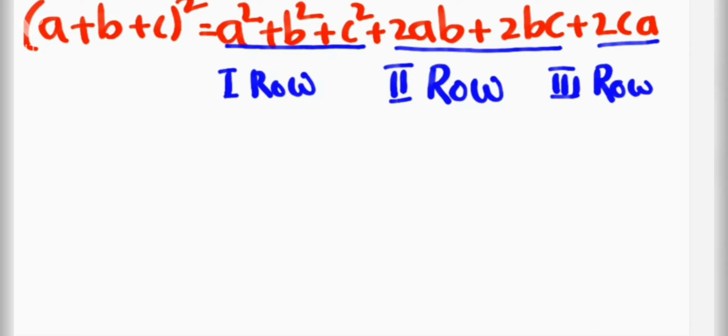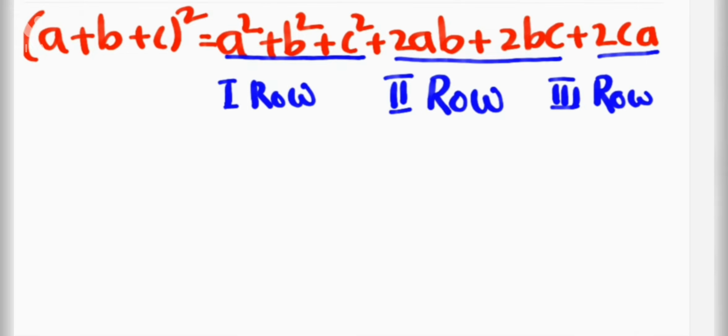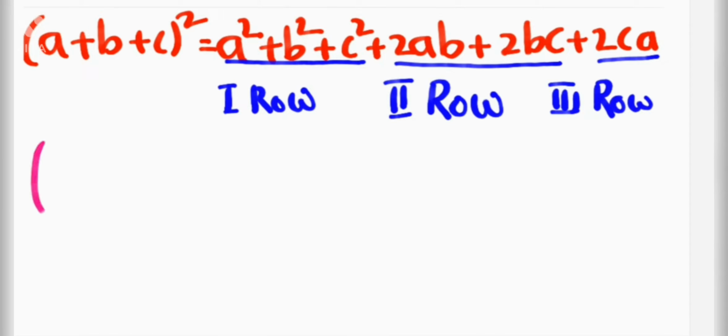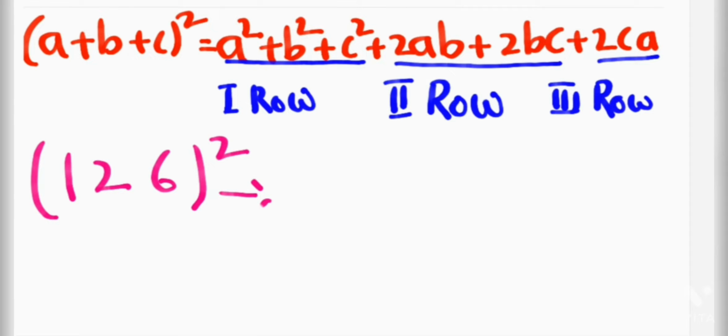Now let us take an example, 126 whole square. In the first row we have to write a square, b square and c square. Here 1 is a, 2 is b, 6 is c.